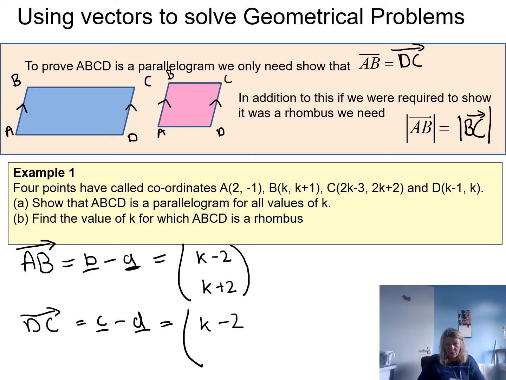And then when we do C take D on here, we've got 2K plus 2, just take away K, so that ends up with K plus 2. Oh look, they are the same. Therefore, as AB equals DC, it's a parallelogram.